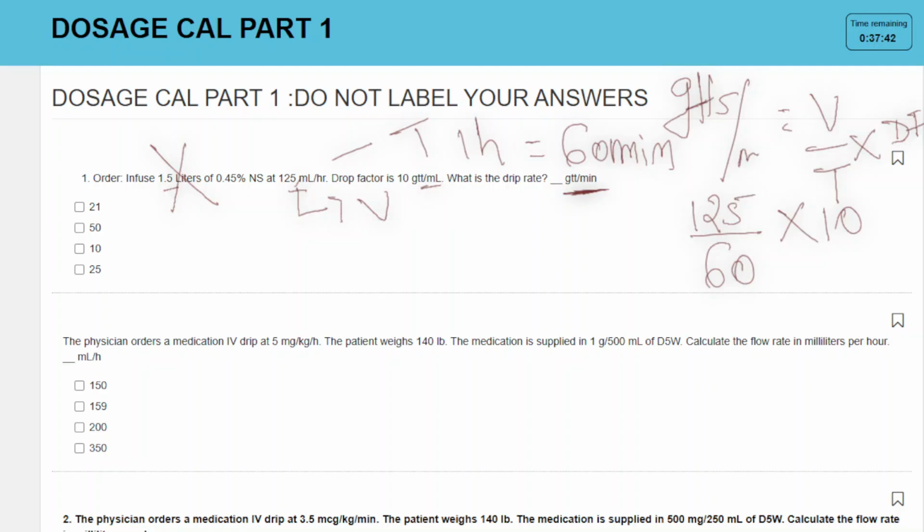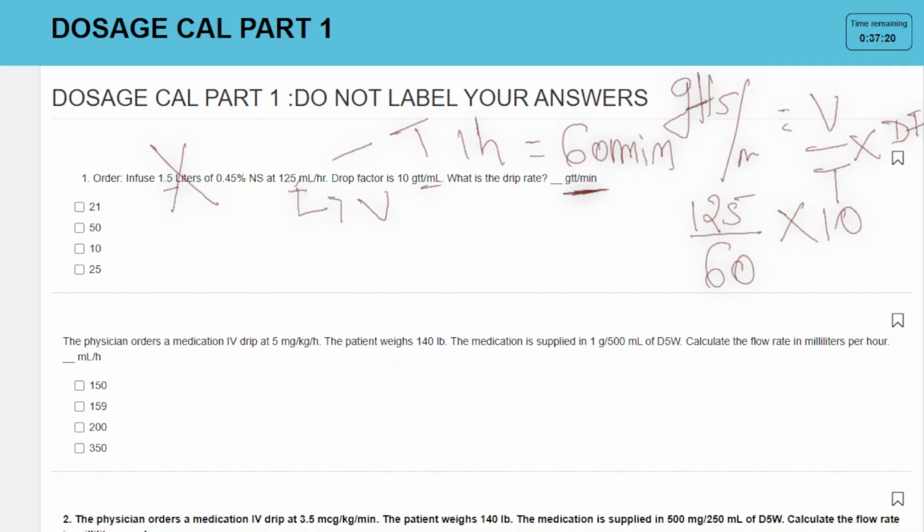All right, so what you got right there? 125 multiplied by 10, divided by 60. So we have 20.8. Let's do it the other way around. 125 divided by 60 times 10. So you got 20.8. A drip rate has to be a whole number.